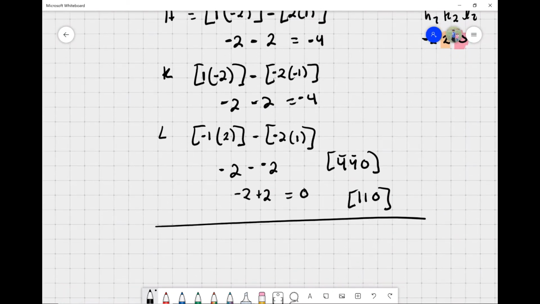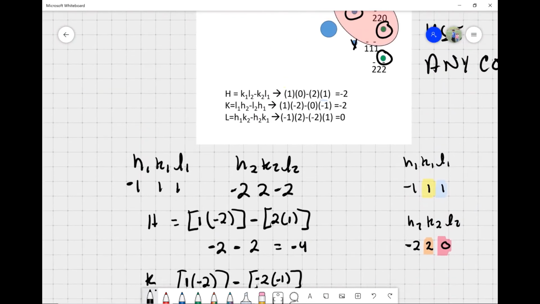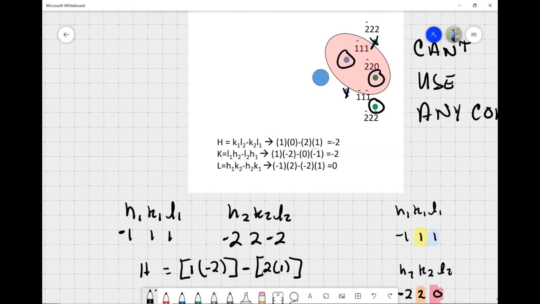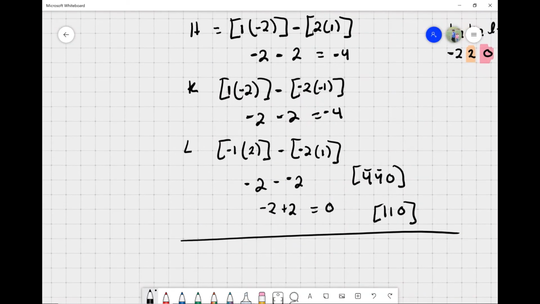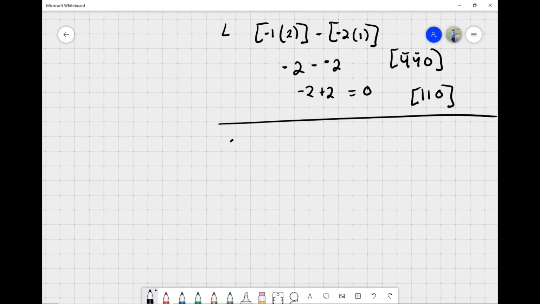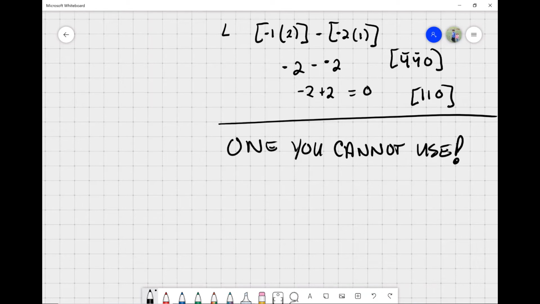So now let's take a look at one of the ones I said we can't use. So we can pick negative 1, 1, 1 again. Let's do the next order diffraction. So 2, 2, negative 2, 2, 2. Okay, one you cannot use.